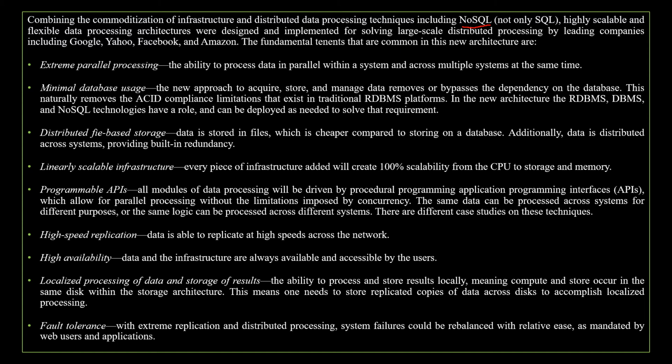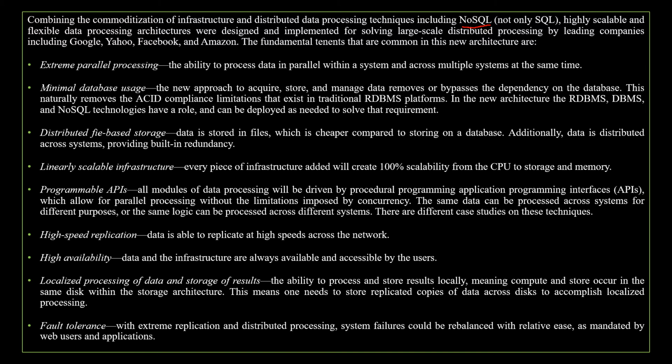Okay, this new generation distributed data architecture has all these criteria. The first one is extreme parallel processing: the ability to process data in parallel within a system and across multiple systems at the same time. The second one is minimal database usage. The new approach to acquire, store, and manage data removes or bypasses the dependency on the database.